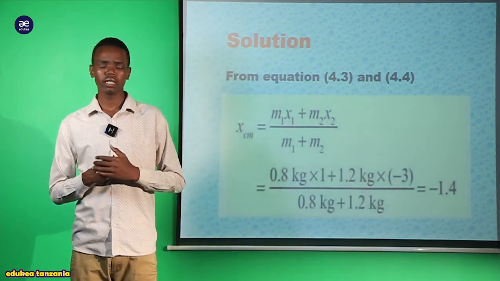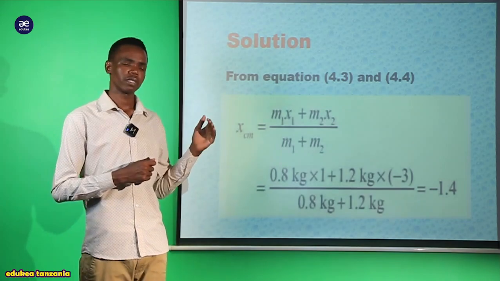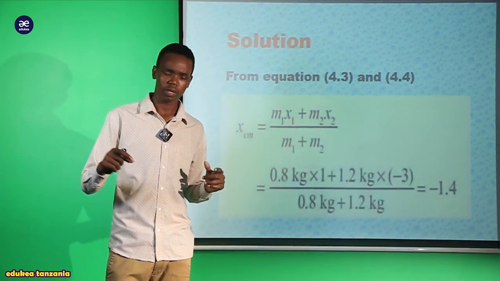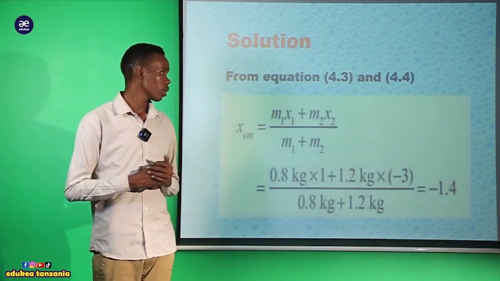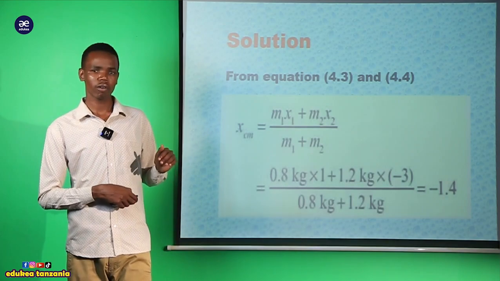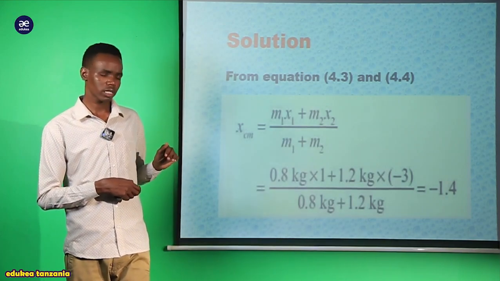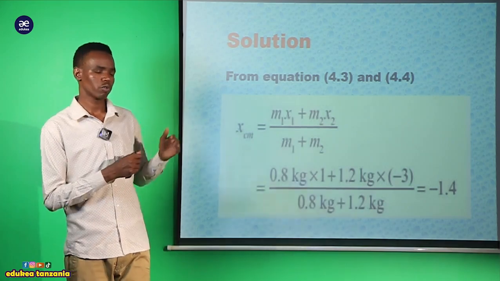So let us start along the x direction. The coordinate of the center of mass along the x must be equal to m1.